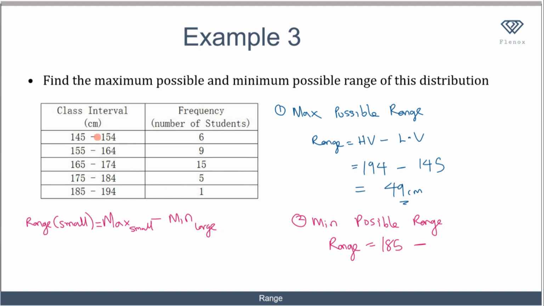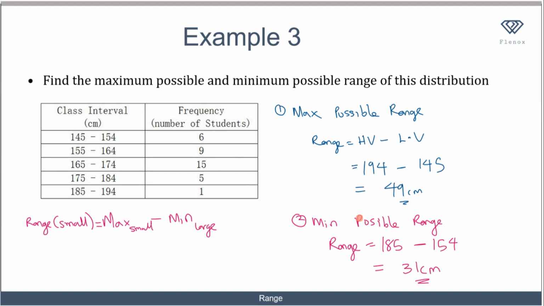Now we need the minimum height to be at the maximum value so the difference can be minimum. So we pick 154. So 185 minus 154, we get 31 centimeters. So the maximum possible range is 49 while the minimum possible range is 31.